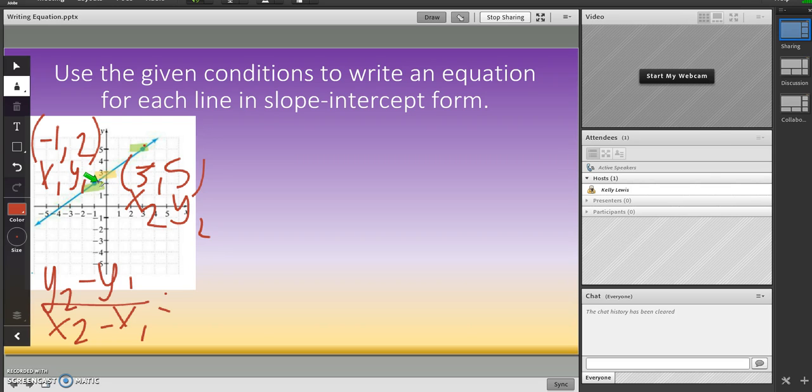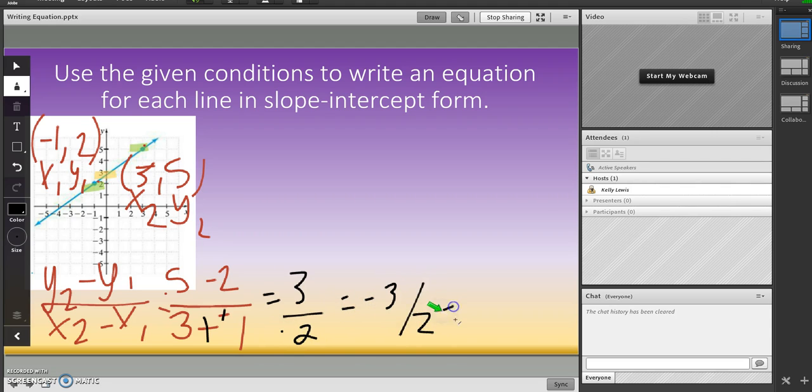It doesn't matter otherwise. So y2 is 5, y1 is 2, x2 is 3, x1 is -1. The rule is minus a negative is the same as plus a positive. So 5 minus 2 is 3, and 3 plus 1 is 4. So our slope is 3/4.